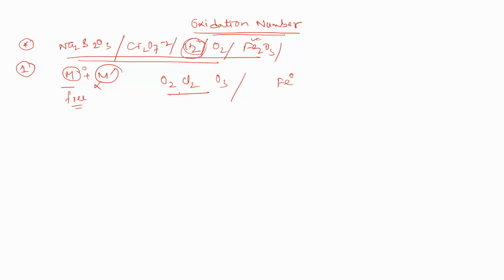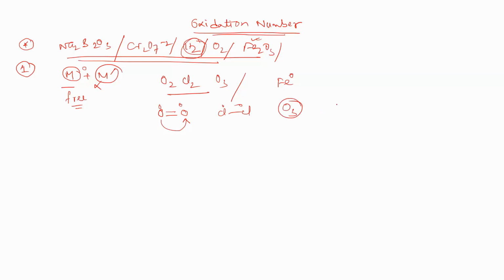What will be the oxidation number? Oxygen means O double bond O. Here one oxygen atom is connected to another oxygen atom, so both atoms are similar. So here the oxidation number will be 0, like Cl2. Like ozone, the oxidation number will be 0.